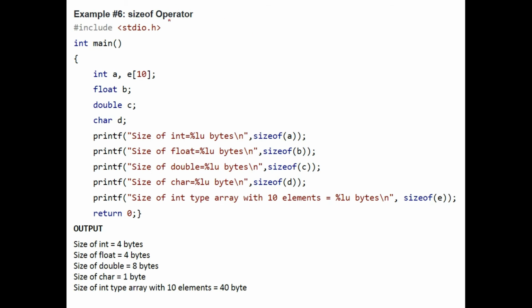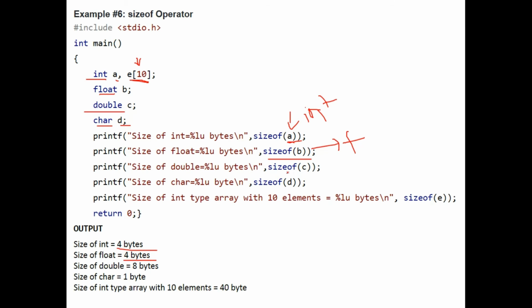Another example of the sizeof operator: we are taking the variables int a, float b, double c, char d, and an array e, which stores 10 different integer values. The size of a, which is an integer, is 4 bytes. The size of b, which is float, is 4 bytes on my machine.